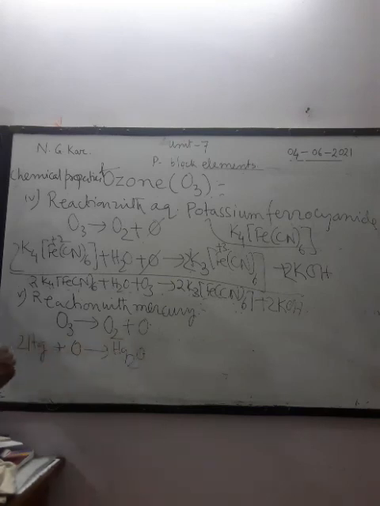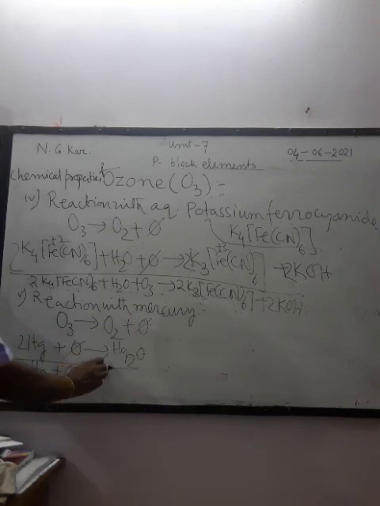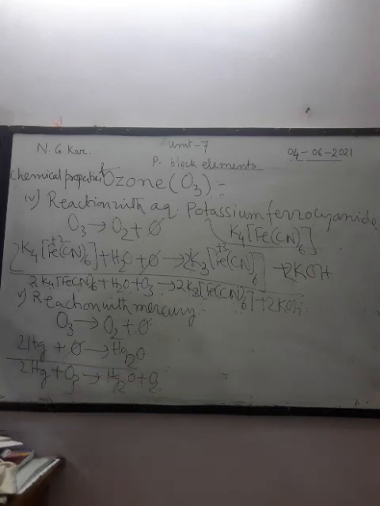If we sum up this reaction: 2 Hg plus O3, O cancels out, Hg2O plus O2. There is an important characteristic in this reaction. Actually, mercury does not stick to a surface, but after this reaction, mercury sticks to a surface. So this reaction is called tailing of mercury.